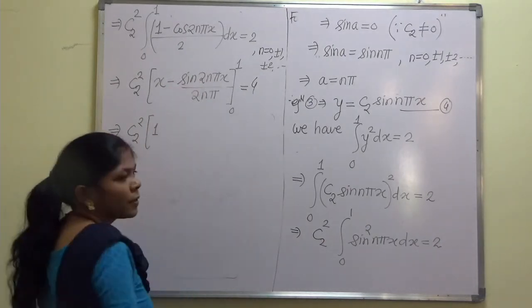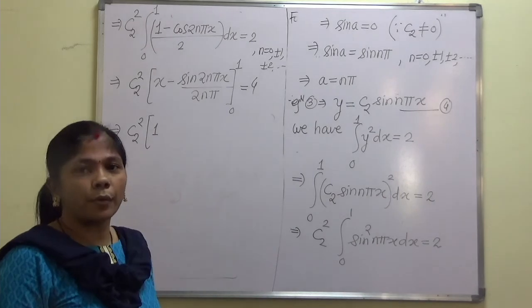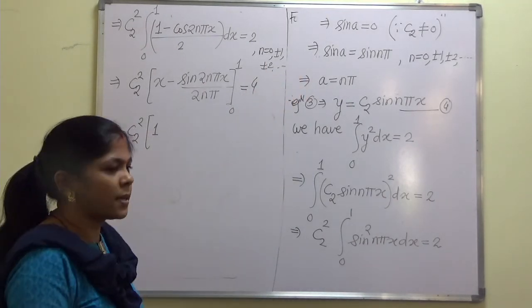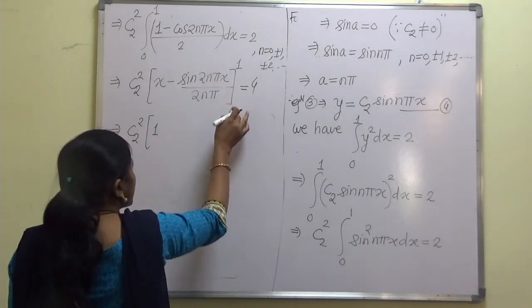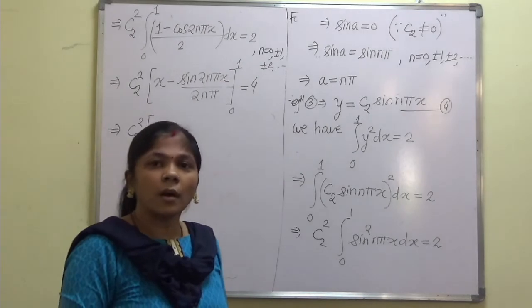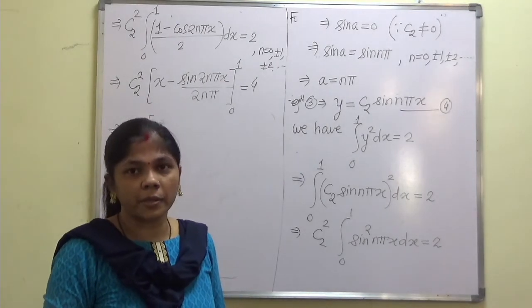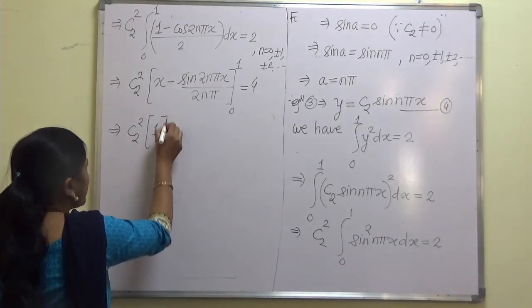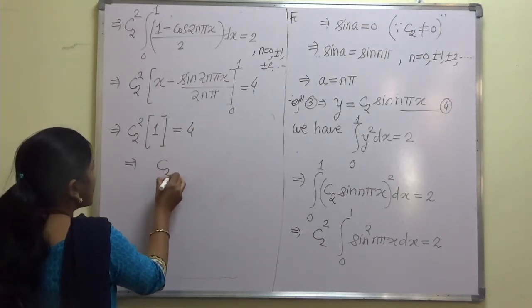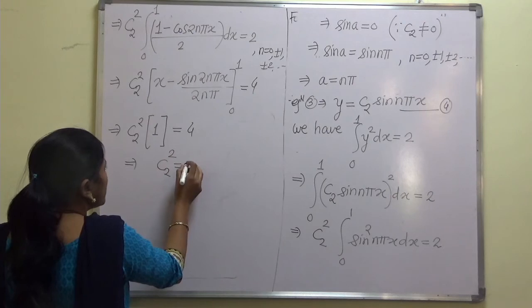Sine of 2n pi is 0 for particular values of n, 0, 1, 2, 3 like this. So this is always 0, as well as sine 0 is 0. So the second term vanishes for both upper as well as lower limit. So we are left with only 1 equal to 4. So this gives us c2 square is equal to 4.